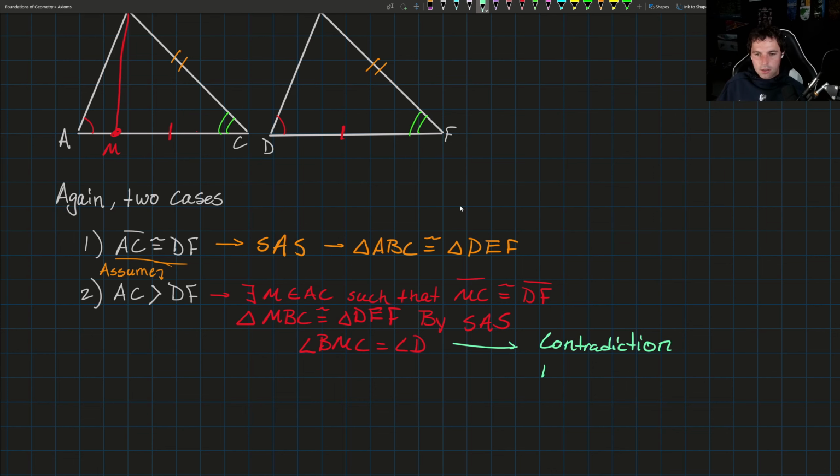So ray AB is not the same, so is distinct from ray MB, and then it breaks our congruence statement 4, and then we have a contradiction. Therefore, the triangles must be congruent.